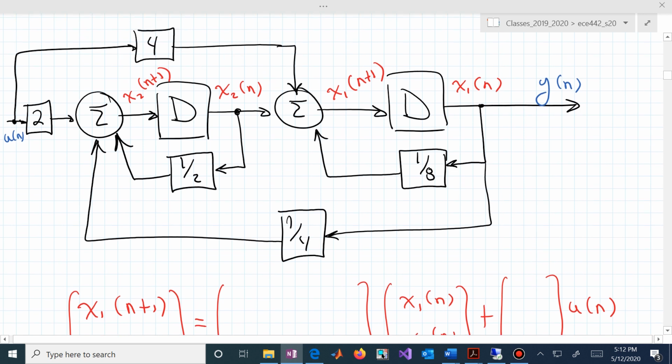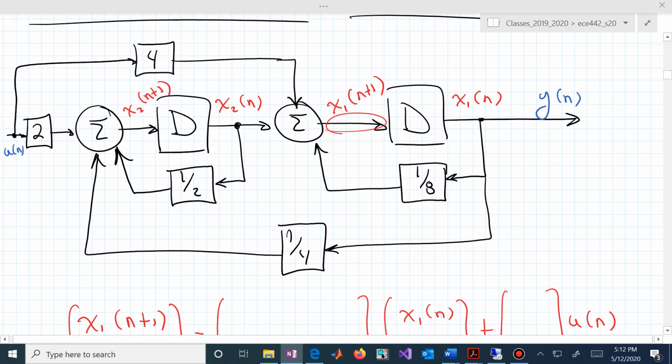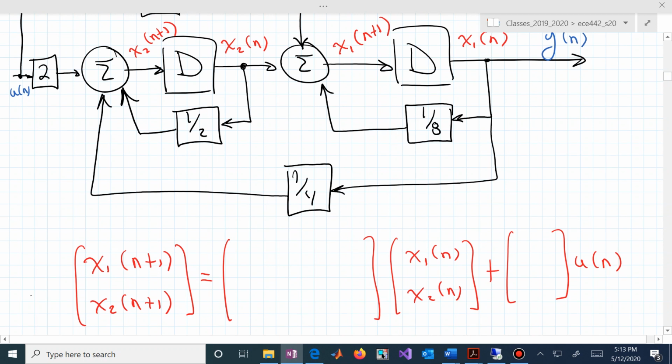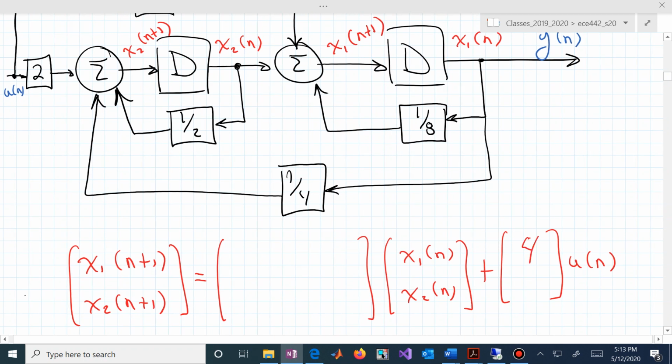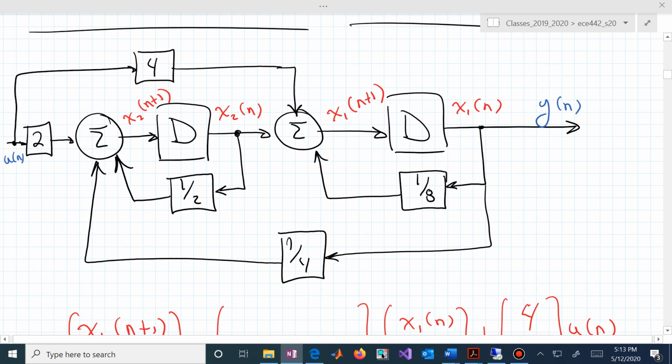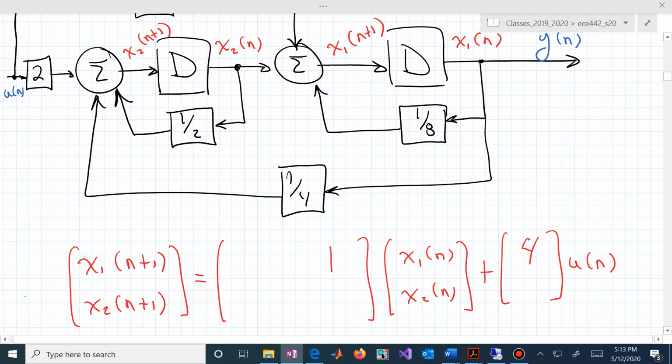To find x1 of n plus 1, that's the output of this summing junction. We can now find what are the signals going in. We have 4 u of n, we have x sub 2 of n, and we have 1/8 from x sub 1 of n. Likewise, for x sub 2 of n plus 1, we have 2 u, we have 1/2 from x sub 2 of n, and we have 1/4 from x sub 1 of n.